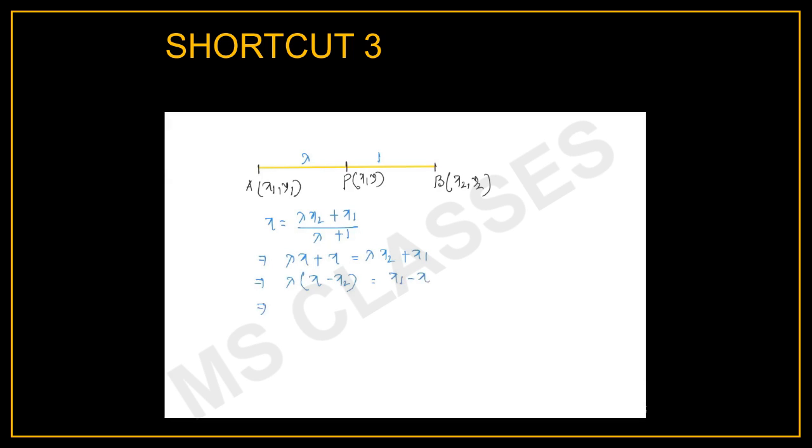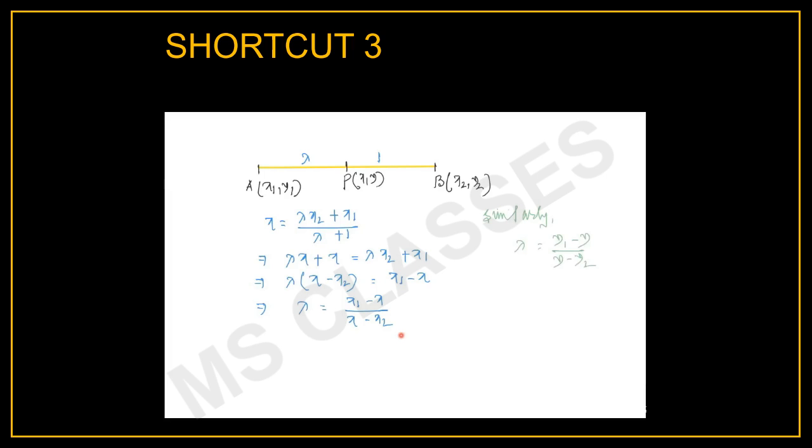And we get lambda equal to (x1 minus x) by (x minus x2). Similarly, we are not doing it here for the ordinate because it will be the same thing. So you can say lambda equals (y1 minus y) by (y minus y2).